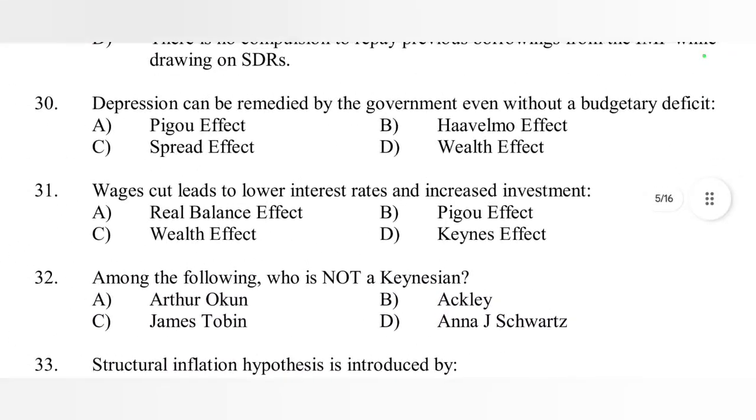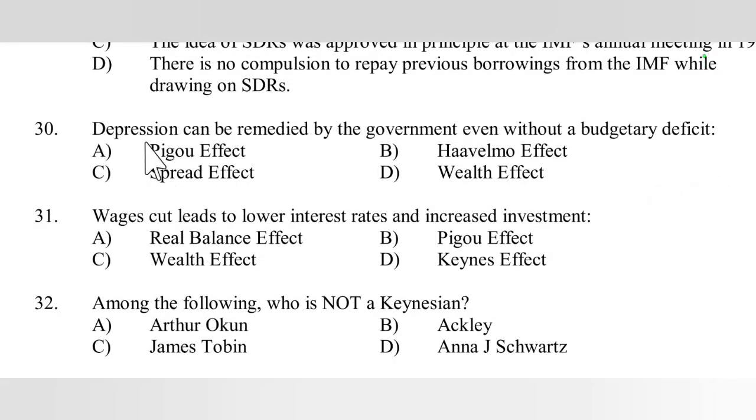Then question number 30. Depression can be remedied by the government even without a budgetary deficit. It is called as PYQ effect, FREE effect, spread effect or wealth effect.